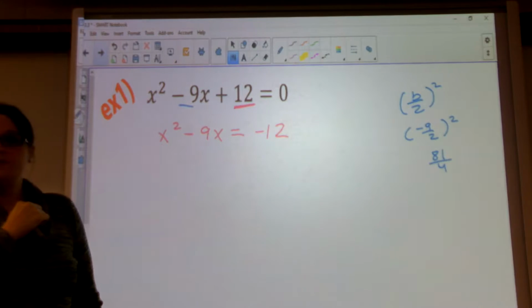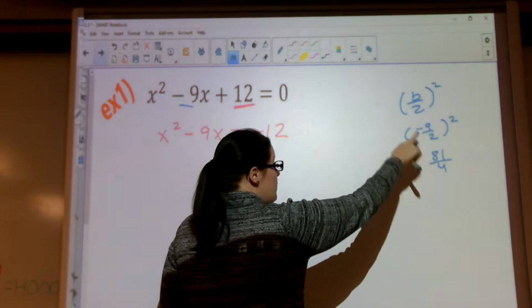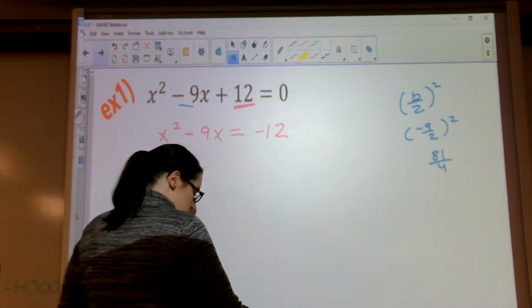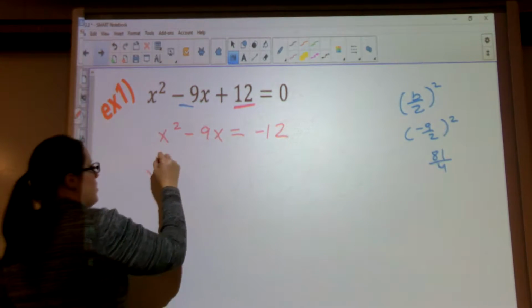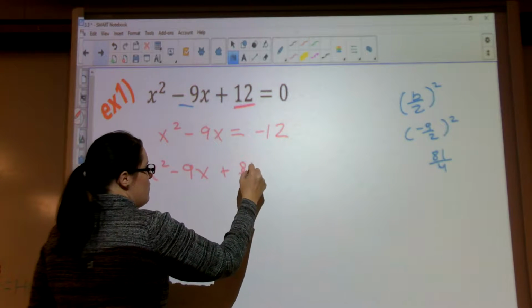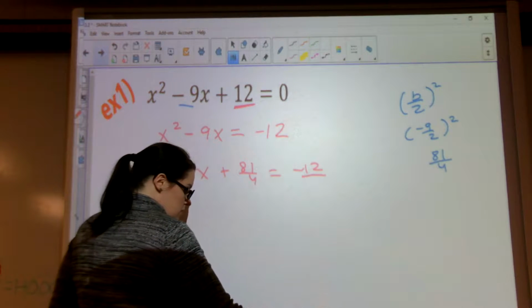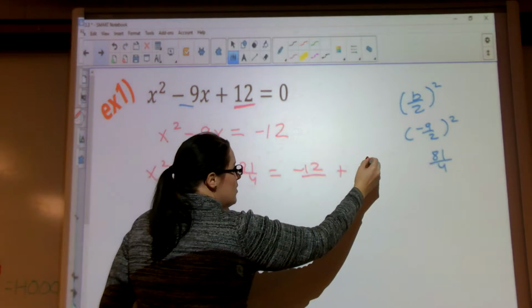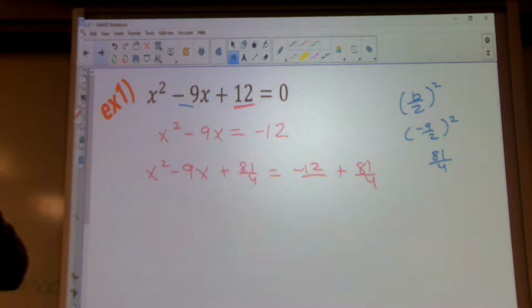Correct? I'm going to keep both versions here because we're going to use both. We're going to add that to both sides. So I get x squared minus 9x plus 81/4 equals negative 12 plus 81/4. You add it to both sides.